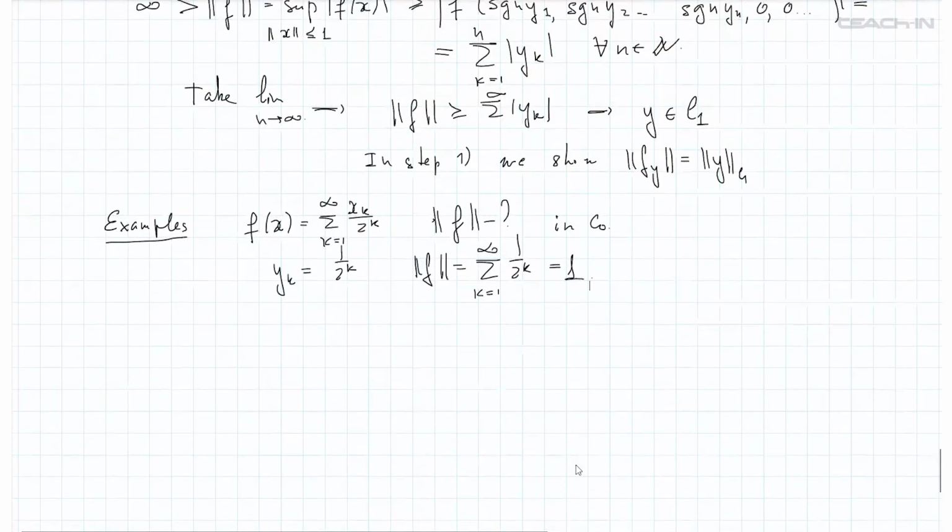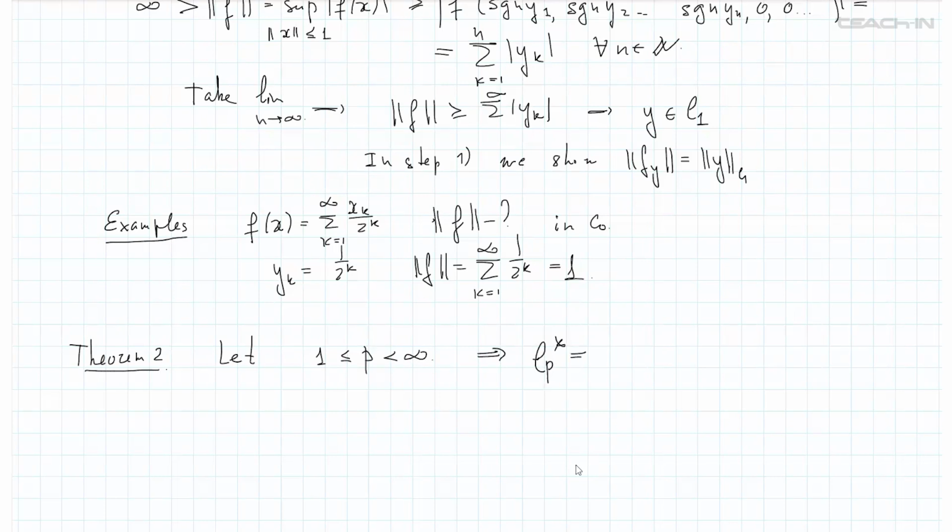So let's prove theorem 2. Let the parameter p be so, then Lp star, the adjoint to Lp, is isometrically isomorphic to Lq, where 1 over p plus 1 over q equals 1.